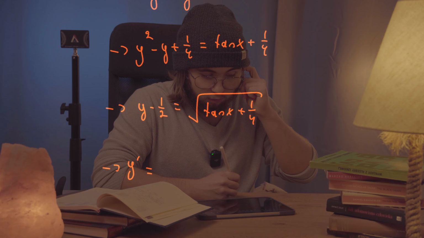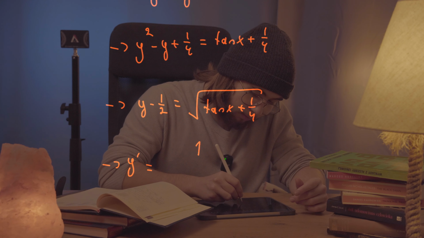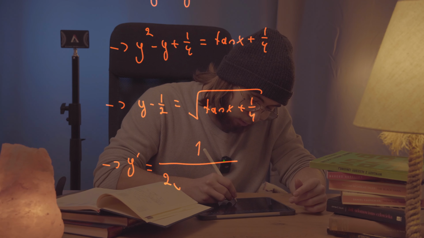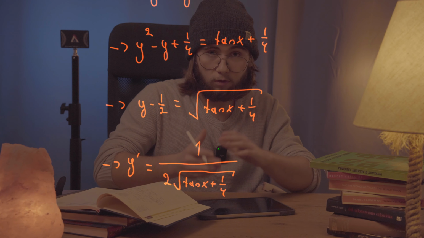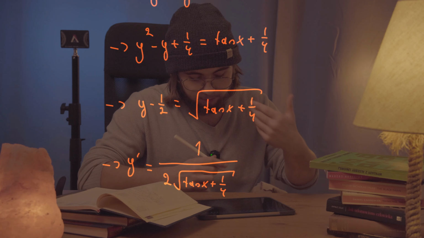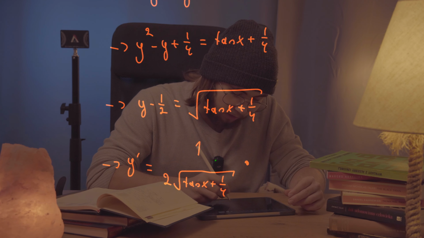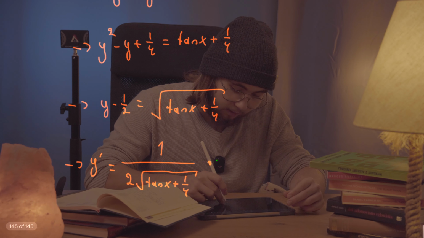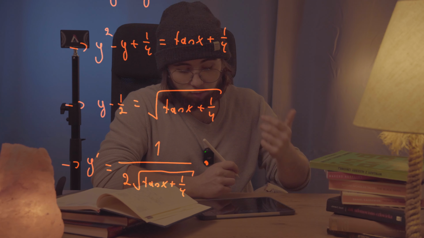This one shouldn't be too difficult. By the chain rule, it's going to be 1 all over double the square root of tangent of x plus a quarter, so the derivative of the square root with respect to the stuff inside of this square root, and now I have to multiply everything by the derivative of tangent of x plus a quarter. The derivative of the quarter is 0.